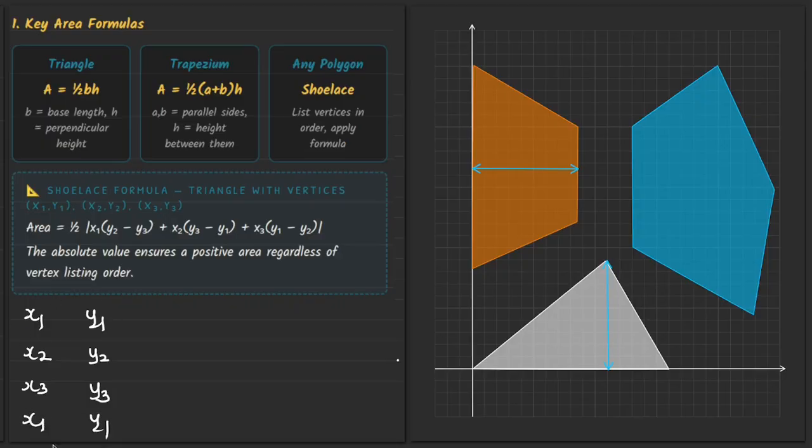So whatever you used to start, you end with that. If there were 3 vertices, then you need 4 of these. If there are 5, then you write 6. If there are 6, you are going to need 7. The reason being that you always end with the first one.